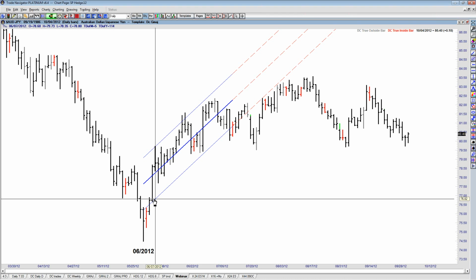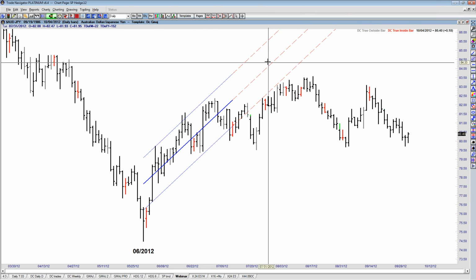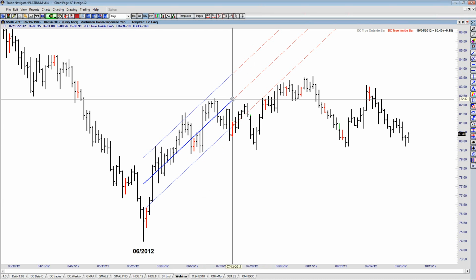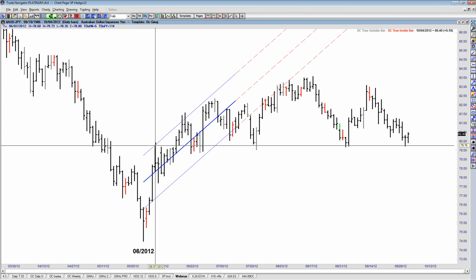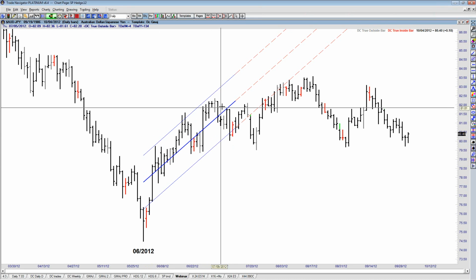When you start drawing your regression channels, that is the absolute key point that you've got to keep hold of. This channel has got to stay touching that point, and you'll see as we move it, it will come off. Now we have a space between that bar and the top, the first standard deviation of the trading channel. That trading channel is no longer valid.